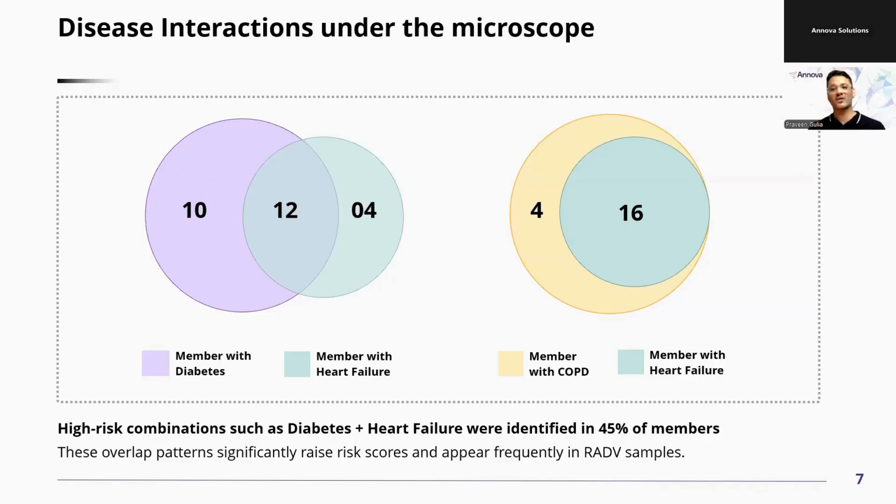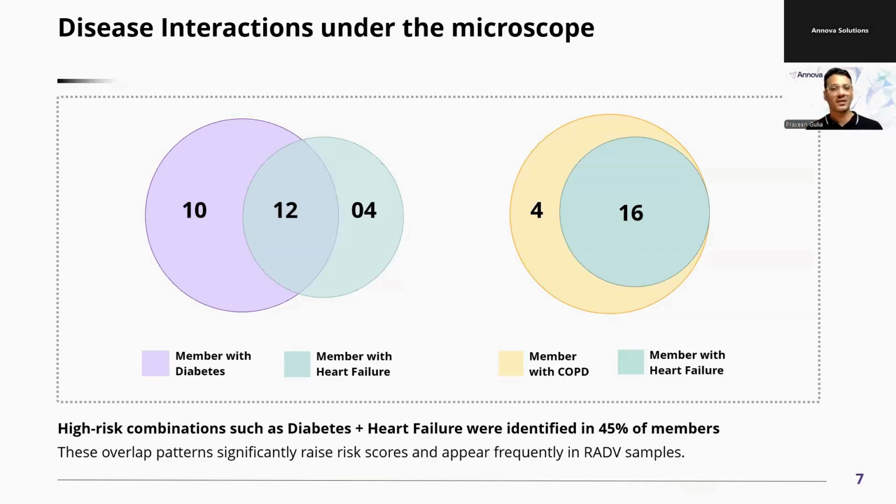There might be a lot of heart failure patients in the plan, but they have focused on the heart failure patients who are also benefiting from the disease interaction factor, specifically members suffering from diabetes and COPD. 12 members suffering from heart failure out of 16 are also diabetics. All 16 of the heart failure patients have a diagnosis of chronic obstructive pulmonary disease.